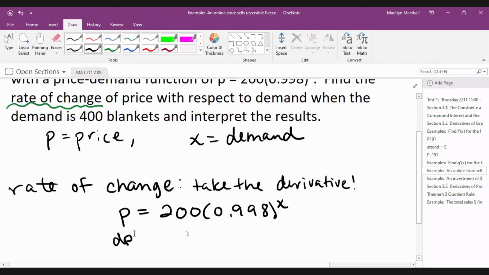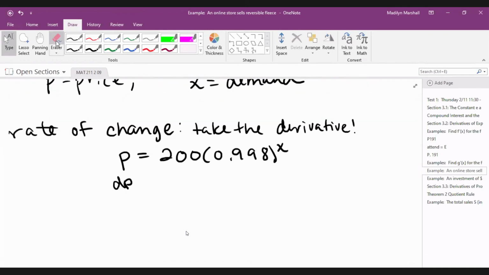So we're going to be finding, we could call it either P prime or dP/dx. I just started writing dP/dx, so we'll go with that.